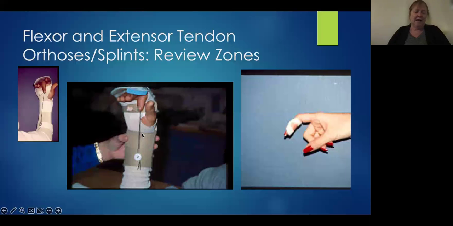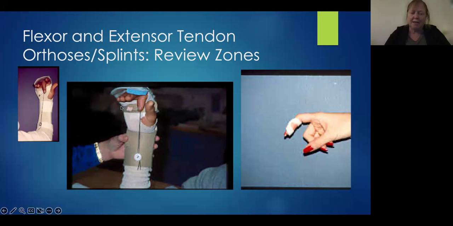This next slide is common orthoses for people who have flexor and extensor tendon repairs. These are more complicated injuries, but they're probably going to ask you questions, especially the OTs, on what type of orthosis you would fabricate for somebody who has a zone 2 flexor tendon injury.